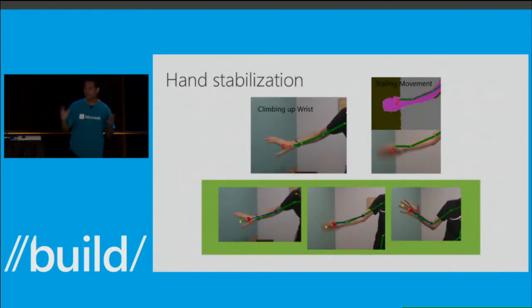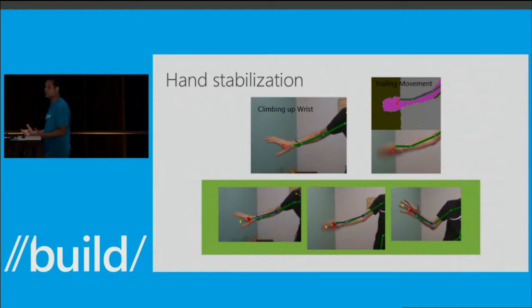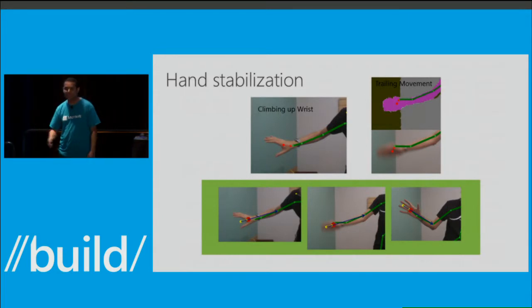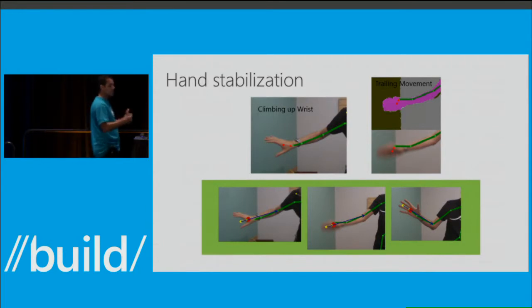I will not talk about this in depth here today, but basically there was one person in our team that was assigned to this project, and he did an amazing job. Basically what he does is, there you have some illustration of the problems on the top.